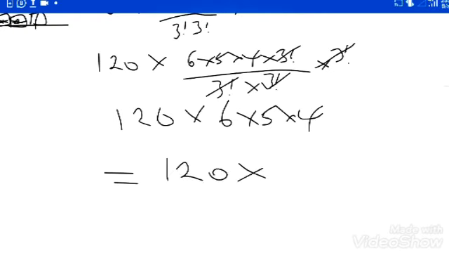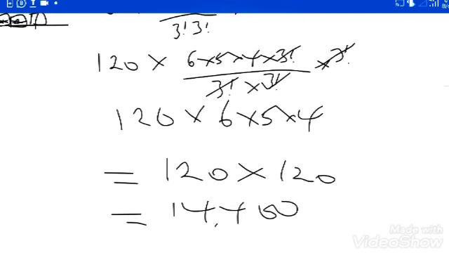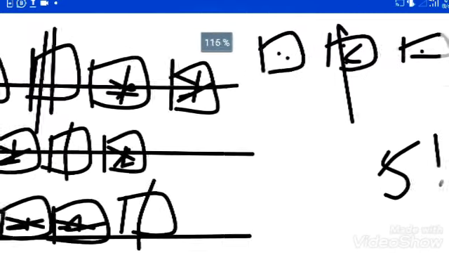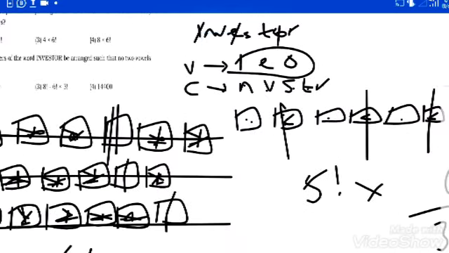So we're going to have 120 times 120, and when you multiply, you're going to get 14,400, and I think that's option 4.